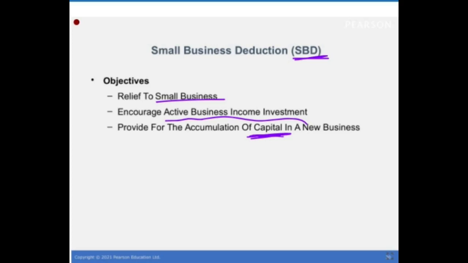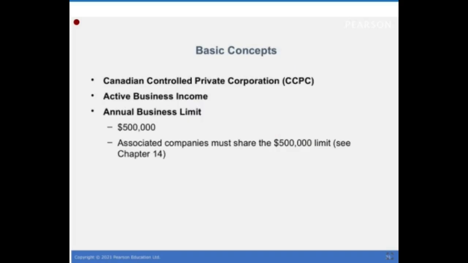New businesses will have a better chance to grow if they spend more of that money reinvesting it in the business, an active business that creates jobs in Canada. That's what we're looking to encourage. All of these tax rules at some point had an objective and a reason for being put in. Do they always achieve that? Sometimes yes, sometimes no. A lot of the time, somewhere in the middle.